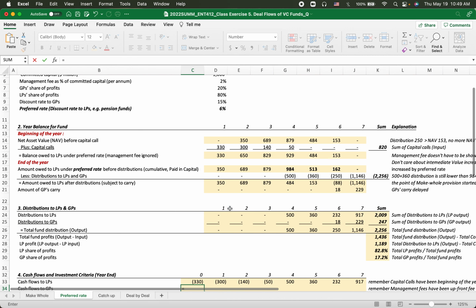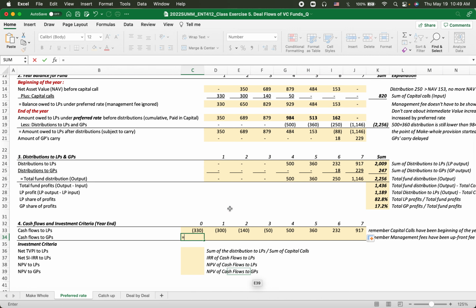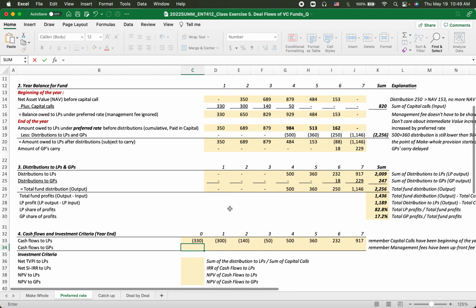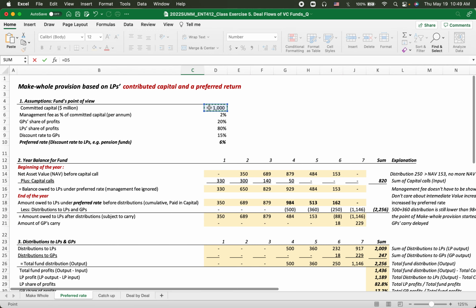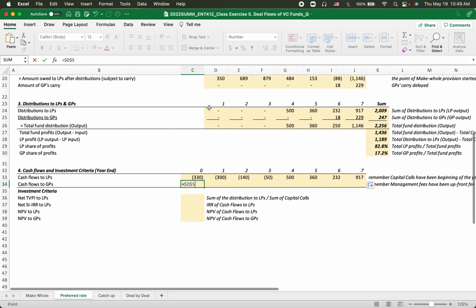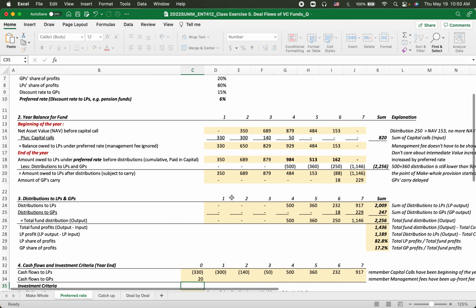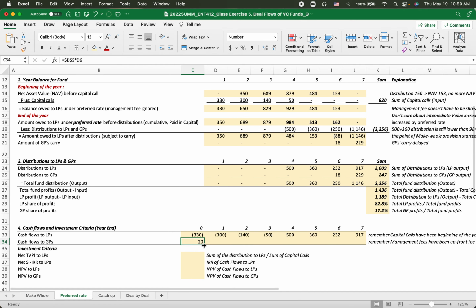Now, definitely we need to consider, right, the 20. How do you get the 20? Where is the 20? 1,000, right? Or let's calculate this. Committed capital, we want to fix times, right, 2% as a management fee, the cash flows to the LPs, right?